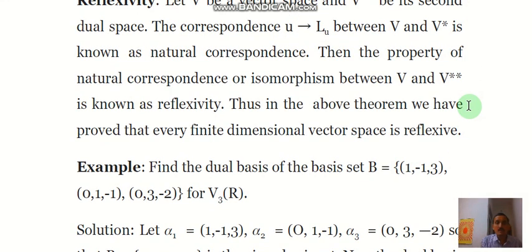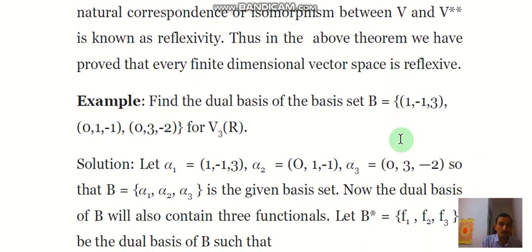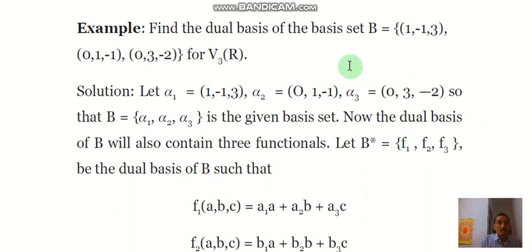So every finite dimensional vector space follows the property of reflexivity. Now we see an example for calculating the dual space. The example is: find the dual basis of the basis set B equal to {(1, -1, 3), (0, 1, -1), (0, 3, -2)} for V3(R).